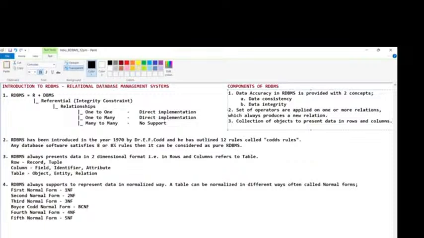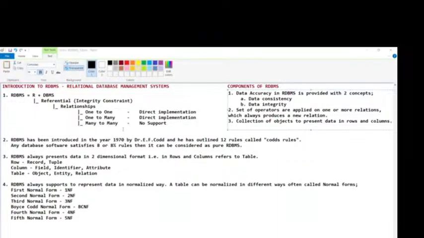It means one table also has data in rows and columns, and multiple tables also have rows and columns. I am not saying one table will present data in rows and columns and another table in some different format.